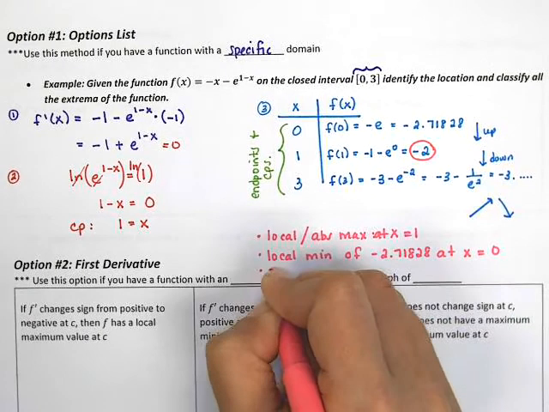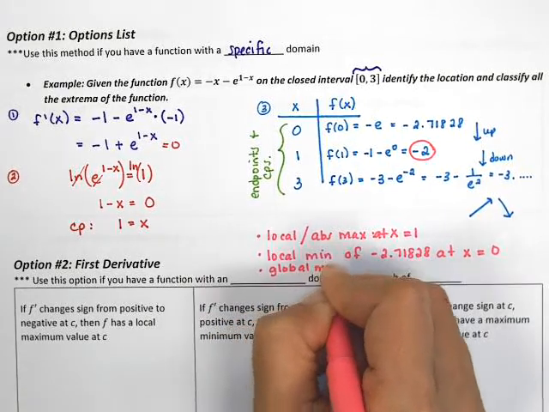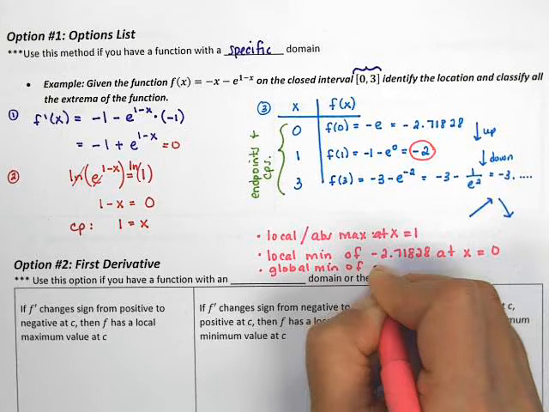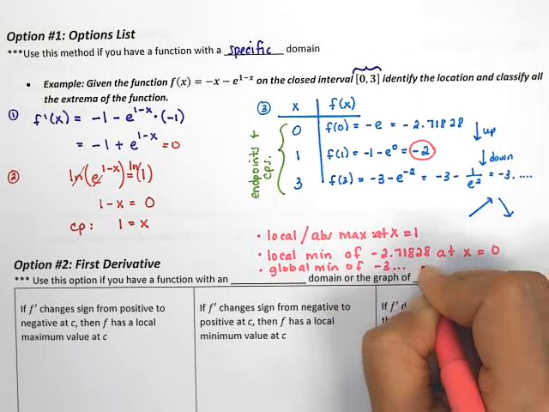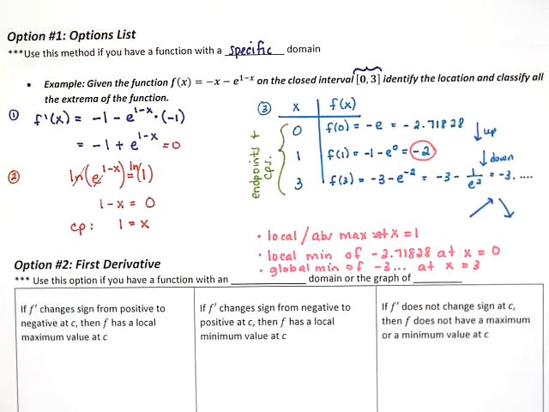And we would say that there is a global min of negative 3 point something at x equals 3. So if you have a closed interval, you just look at your possible y values and determine which one's the biggest, which one's the smallest.